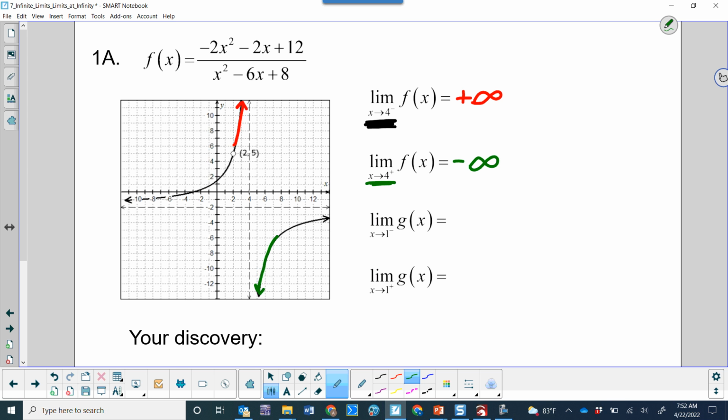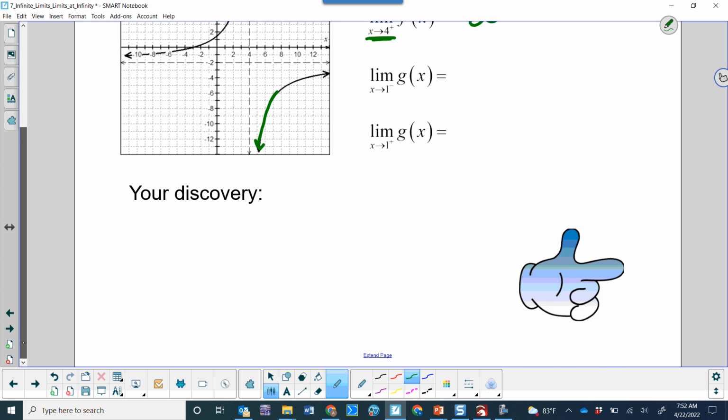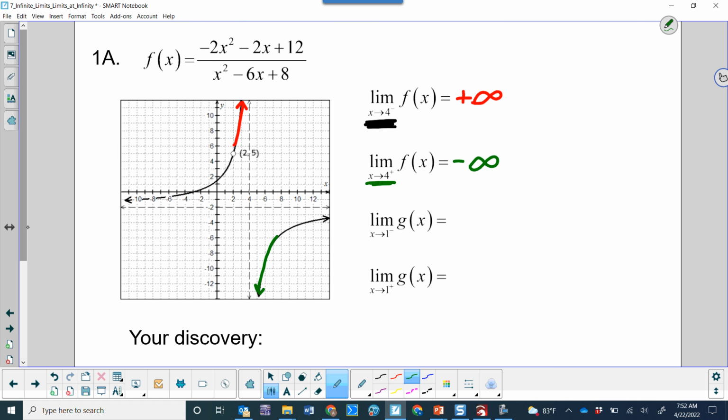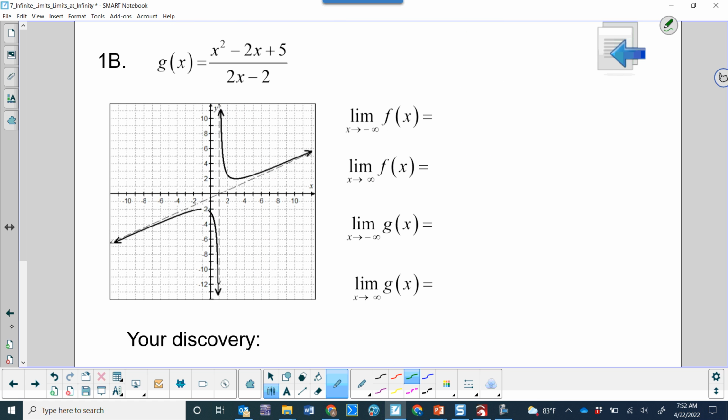And then we want to answer what is happening as we approach 1 for G. So this is not this graph. We need to go to G and look at what G is doing as it approaches 1 from the left and from the right.